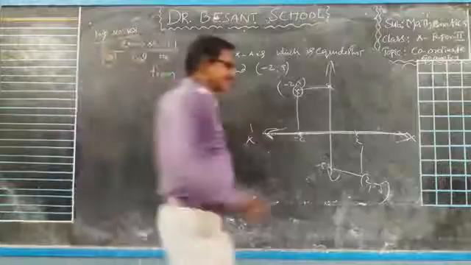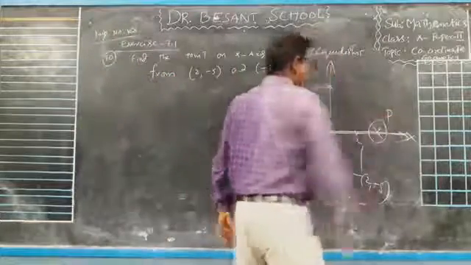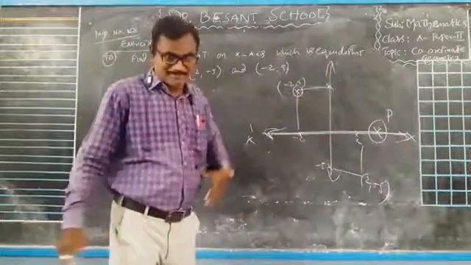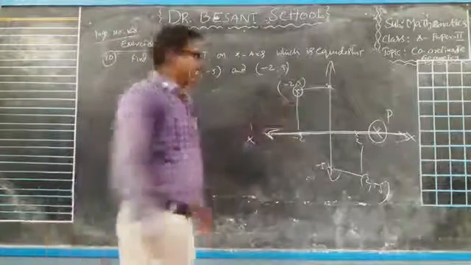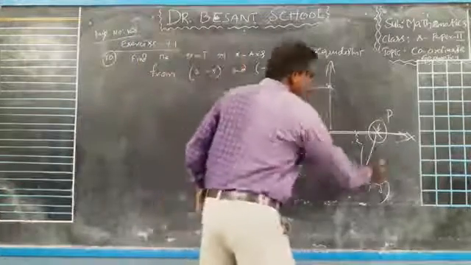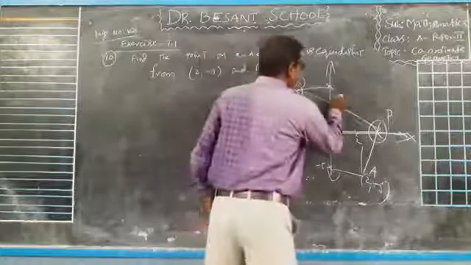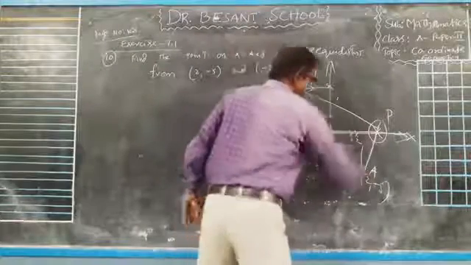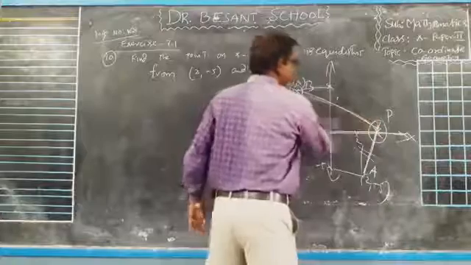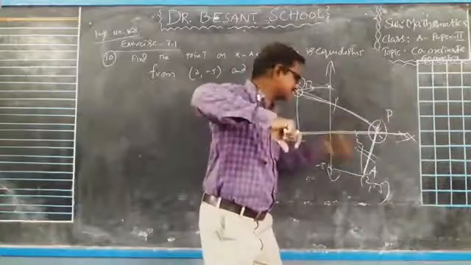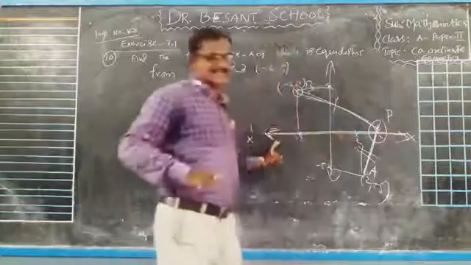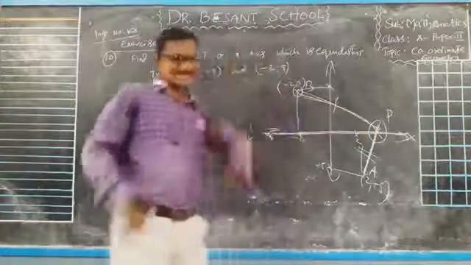Let us suppose there is some point P. We don't know the ordered pair of that point P, but the condition is it has to be at equal distance from these 2 points. PA distance, if you find, PB distance, if you find, PA must be equal to PB. That type of point's ordered pair we have to calculate.